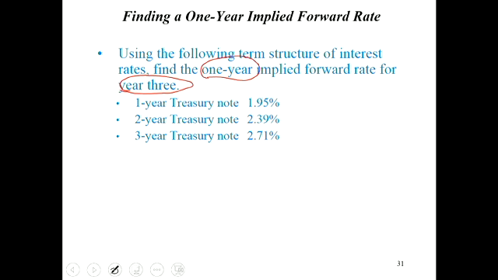So we can solve for this one, and we essentially end up with the equation we had before. 1 plus 0R3 cubed, divided by 1 plus 0R2 squared, minus 1.